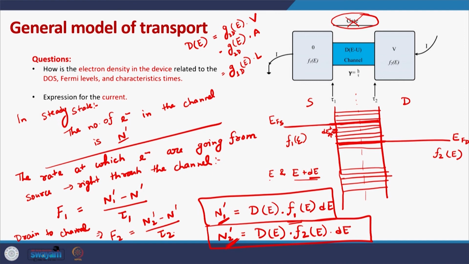And as we intuitively know that this N2 prime is less than N prime, this rate will be negative, and what it means is that electrons are going from the channel to the drain and not from the drain to the channel. So, these are the rate equations in this model.